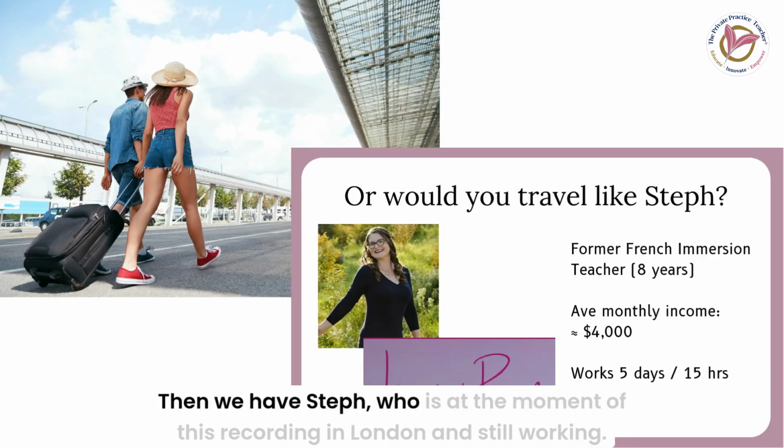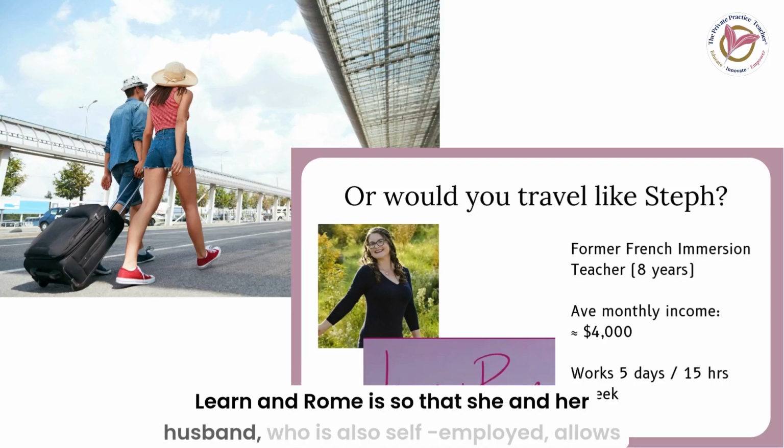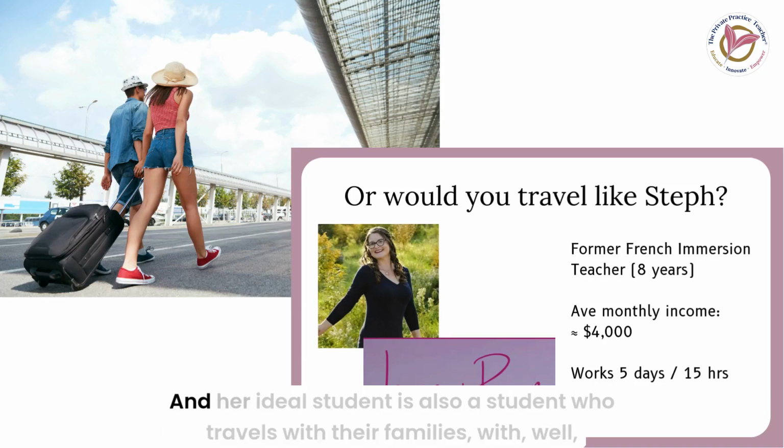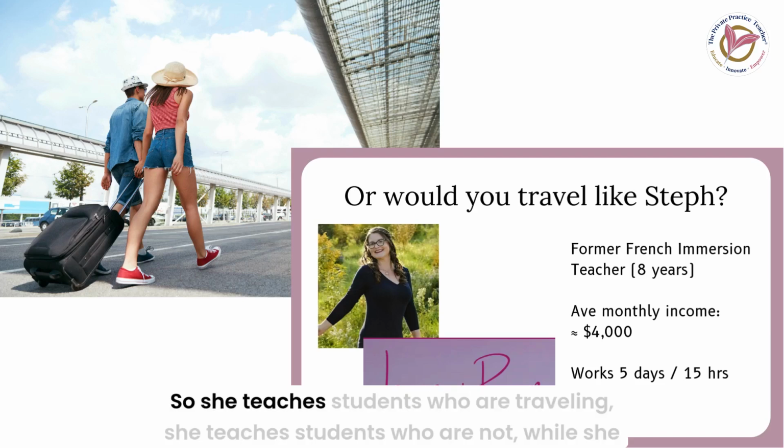Then we have Steph, who is at the moment of this recording in London and still working. Learn in Rome is so that way she and her husband, who is also self-employed, can travel while still doing their jobs. And her ideal student is also a student who travels with their family. So she teaches students who are traveling.